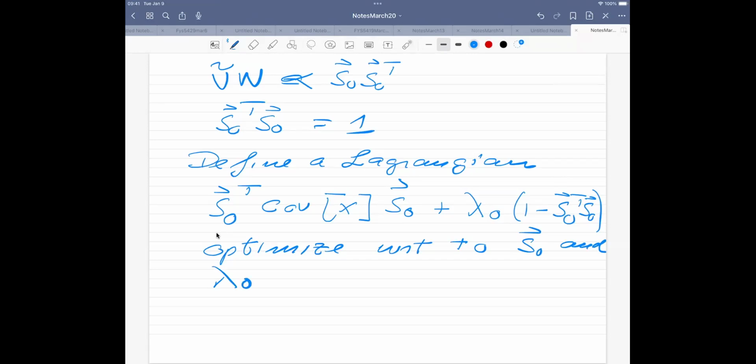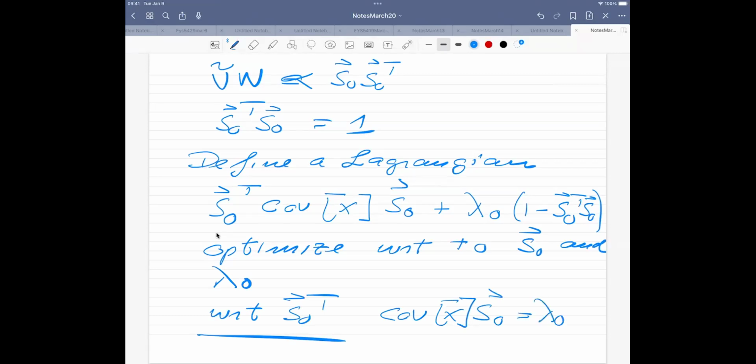If I take the derivative with respect to S0 transpose, I get the covariance of X times S0, and that is equal to lambda 0 times S0. The other term is just lambda 0 times 1, so that disappears when I take the derivative with respect to that quantity.